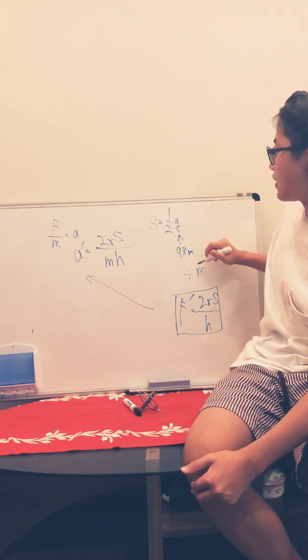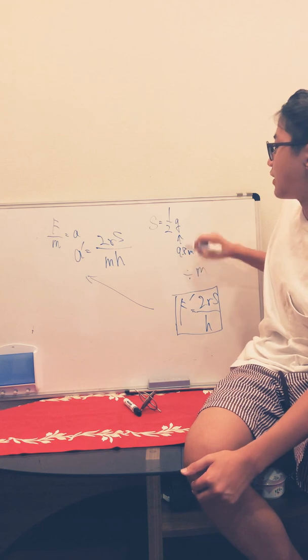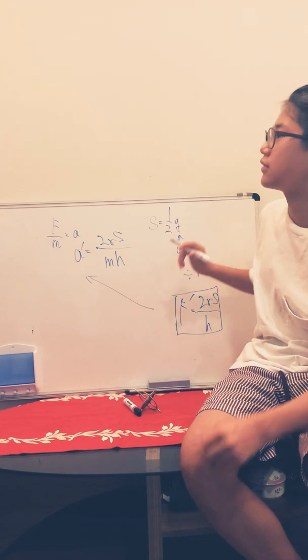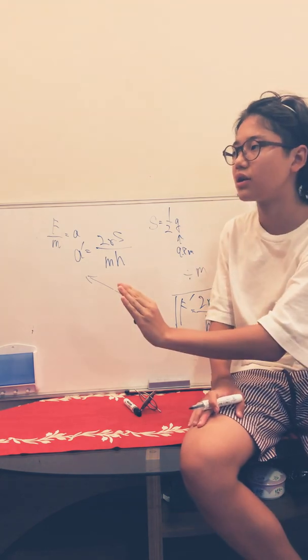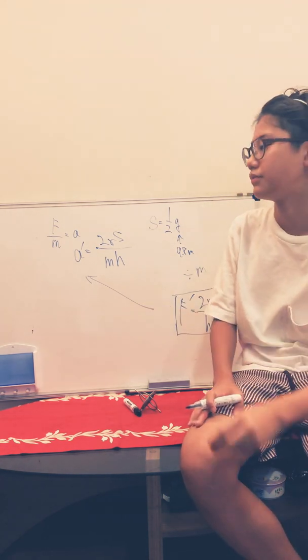G describes the acceleration of 9.8 meters per second.